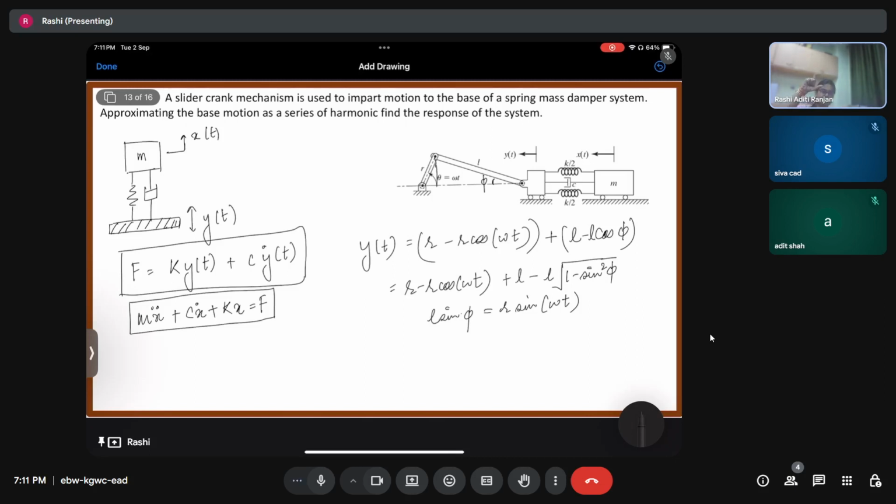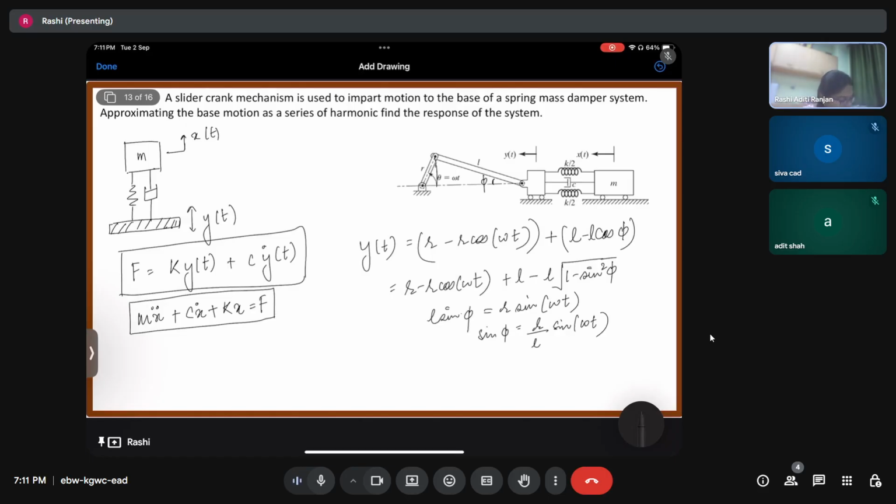We are using this length to equate these two equations. Okay. So from here, what do we get? We get sine phi is R by L sine of omega t. Now we can replace it in the above equation.